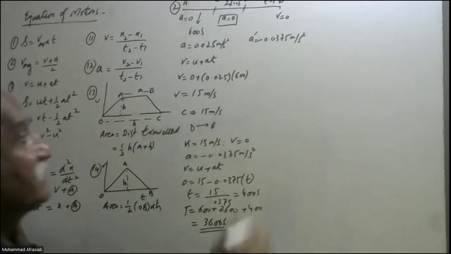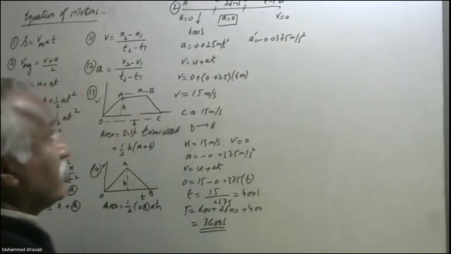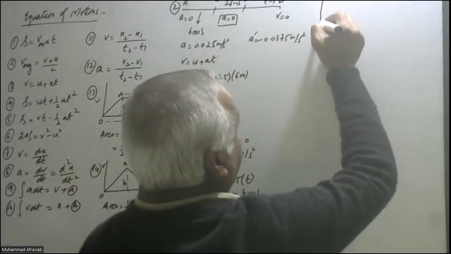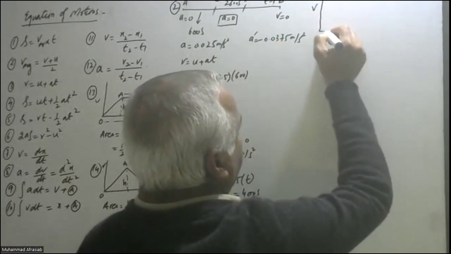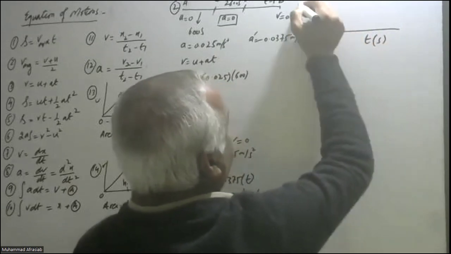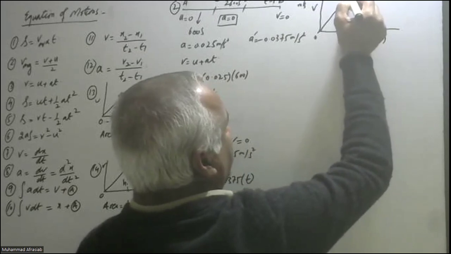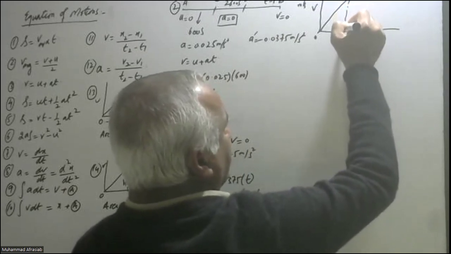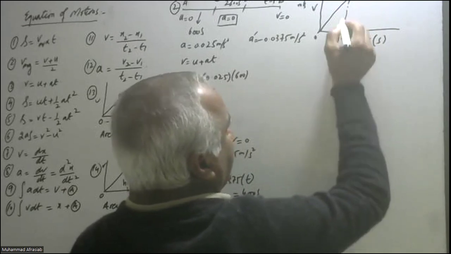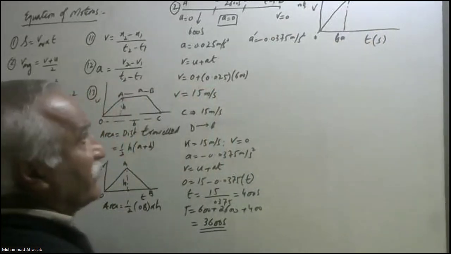Then in the second part, you are going to draw the graph between time and velocity. Let's say this is velocity, in meters per second, and that is time, in seconds. For the first part, it is accelerated up till 600, with acceleration of 0.025.